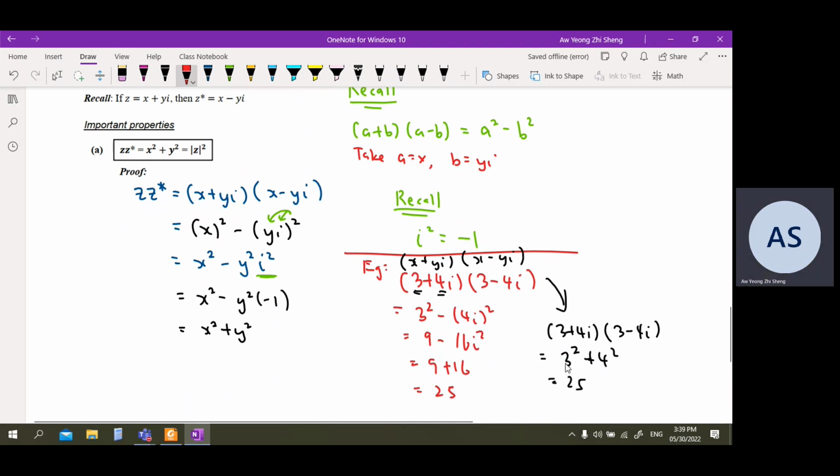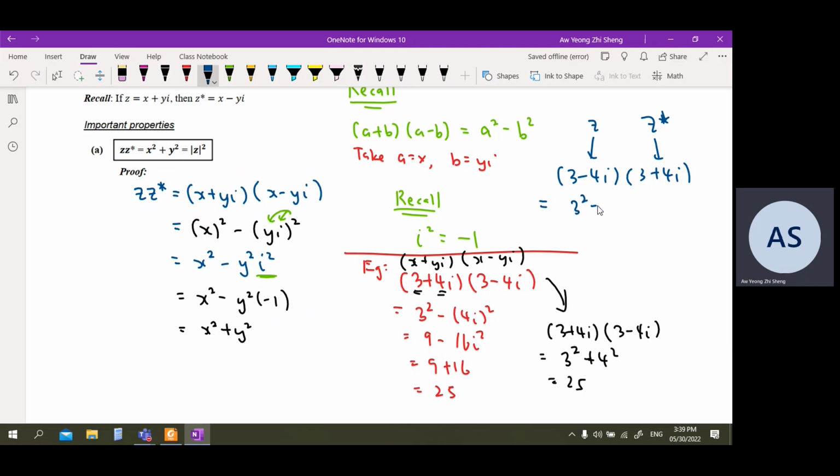So, some people may wonder, can I take my y to be -4? Like if you have 3 minus 4i times 3 plus 4i, I can regard this as z and this to be z star. There's nothing wrong, because they are still a pair of conjugates. And in such a case, my x will be 3 and my y will be -4.